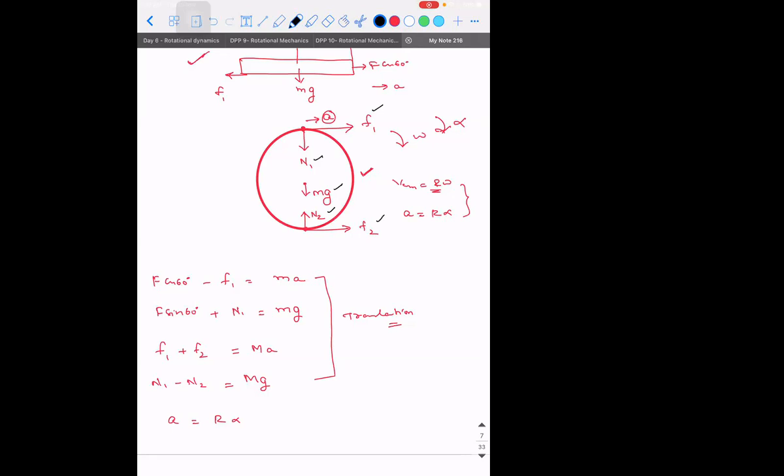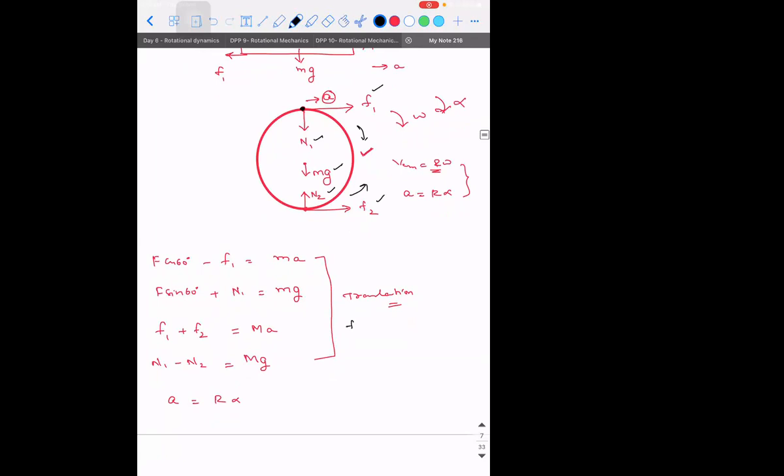F1 will make the object rotate in which direction? Clockwise or anti-clockwise? Clockwise. And F2 will put the object in anti-clockwise. So can I say F1 into R minus F2 into R is equal to I into alpha?